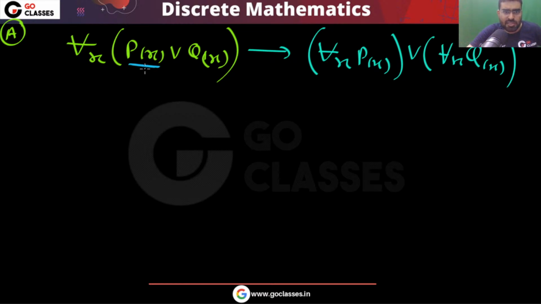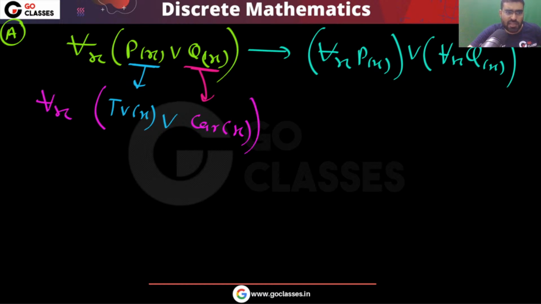Let me assume P means TV, and Q means, you can assume, car. So I am saying that for everyone, either they have a TV or they have a car.